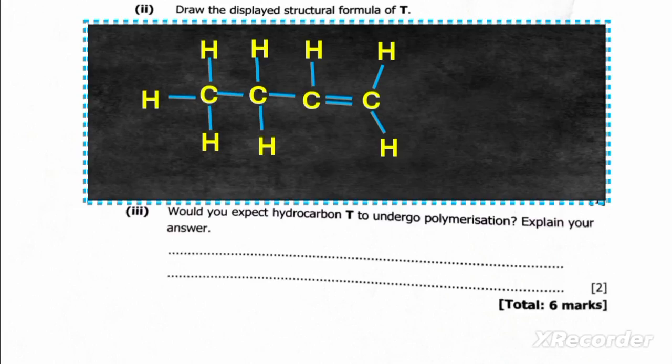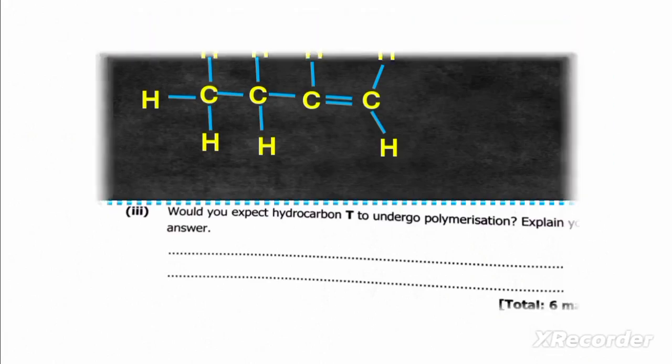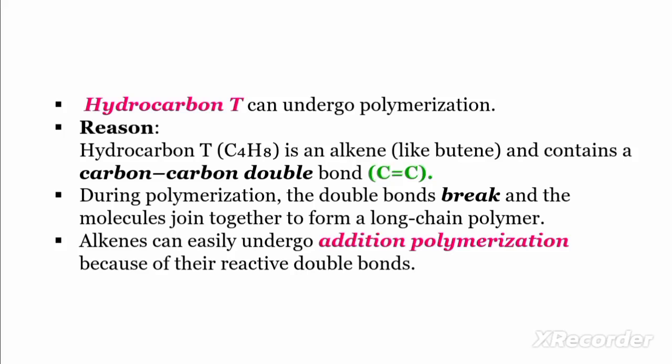Because of this double bond, it is more reactive. So hydrocarbon T can undergo polymerization. Reason being, T is an alkene like butene and contains a carbon to carbon double bond. During polymerization, the double bonds break and the molecules join together to form a long chain polymer.